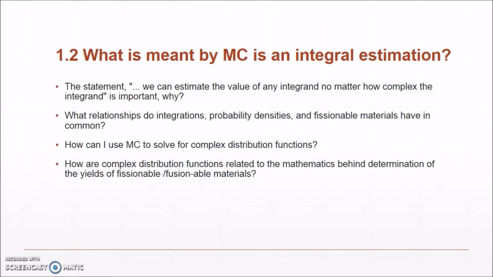That statement is important because with simulation, we are generating random points as answers to the integrand and accepting the mean value, or our expectation, of those points based on their probability of occurrence. So this gives us our answer. The next question is what relationships integrations, probability density, and fissionable materials have in common. Those things all have expectation or expected values in common.